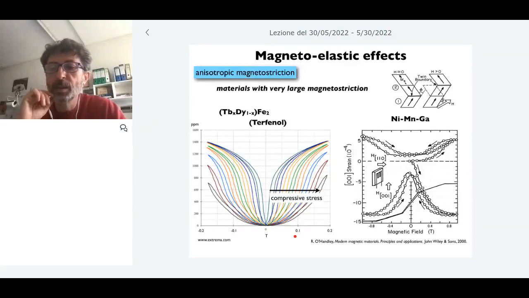Another class of material that is used, or studied at least, for this magnetoelastic effect is nickel manganese gallium alloys. Here I need to spend at least a few words to describe what these nickel manganese gallium alloys are. These are called Heusler alloys.